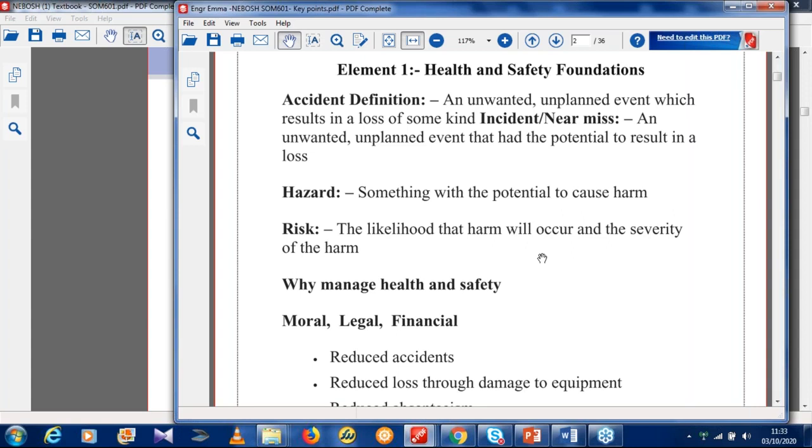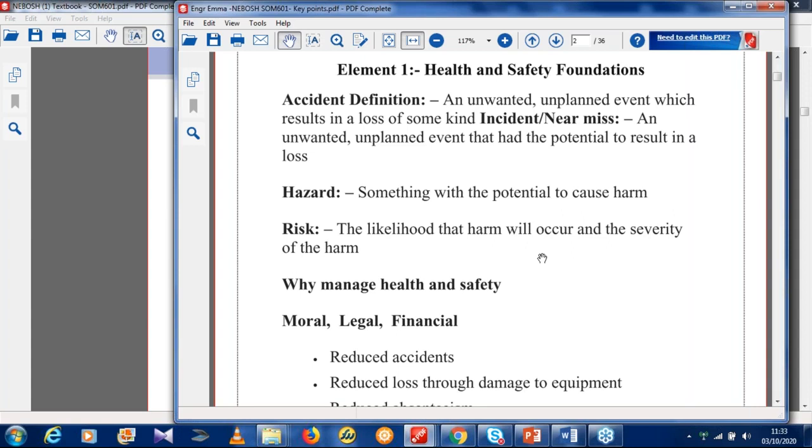But when we look at other factors that are present, it could be an entity, not an event, but something, a substance or condition that has the potential to cause harm. And you already know what I mean by harm.